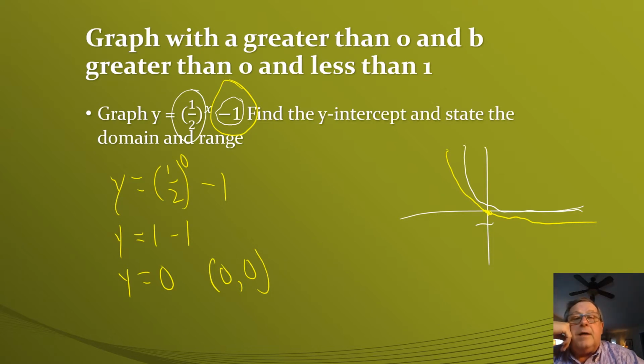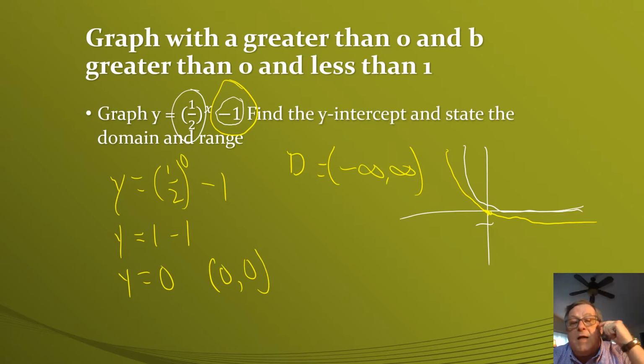Now, what about our domain and range? Well, again, I really don't have any restrictions on the domain. So my domain is going to be all real numbers, or I could say that the domain is equal to -infinity out to infinity. But my range, again, I do see some restrictions or constraints. If you notice, I'm going to get very, very close to -1, and we'll see this more clearly when we graph this on the calculator.